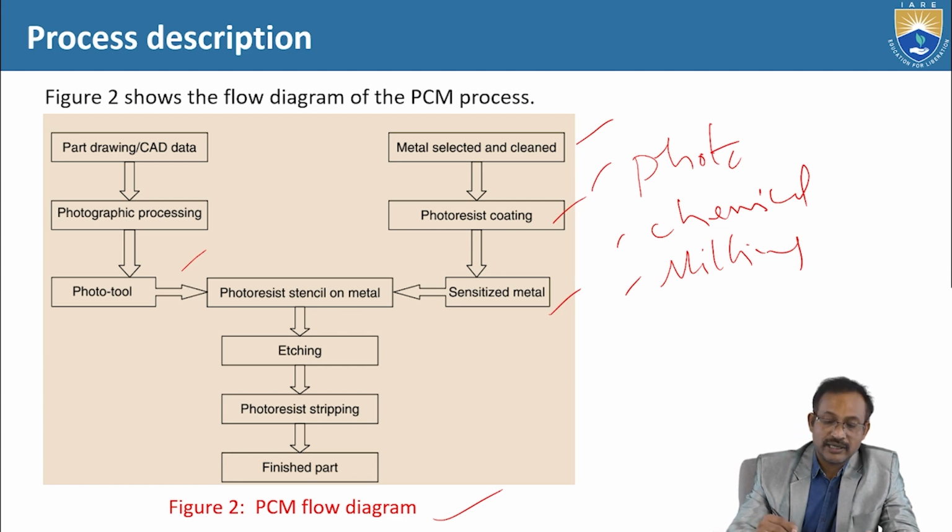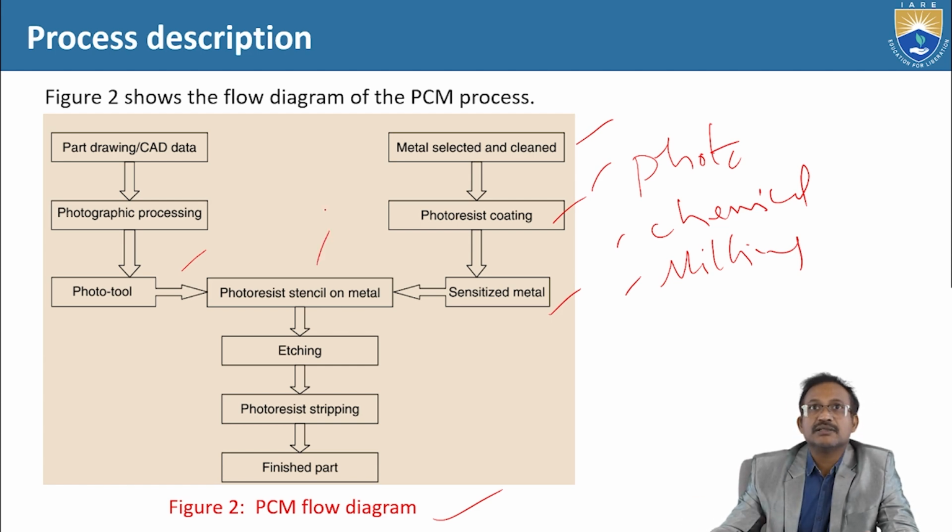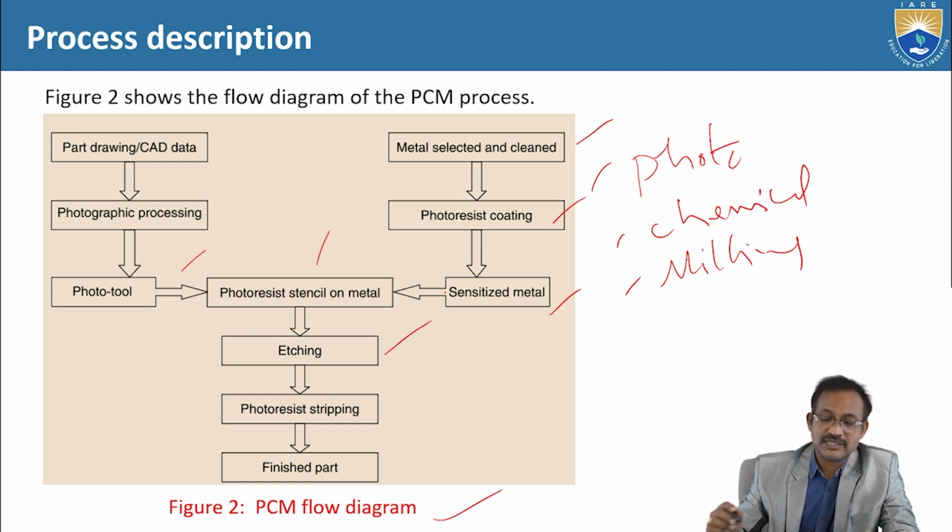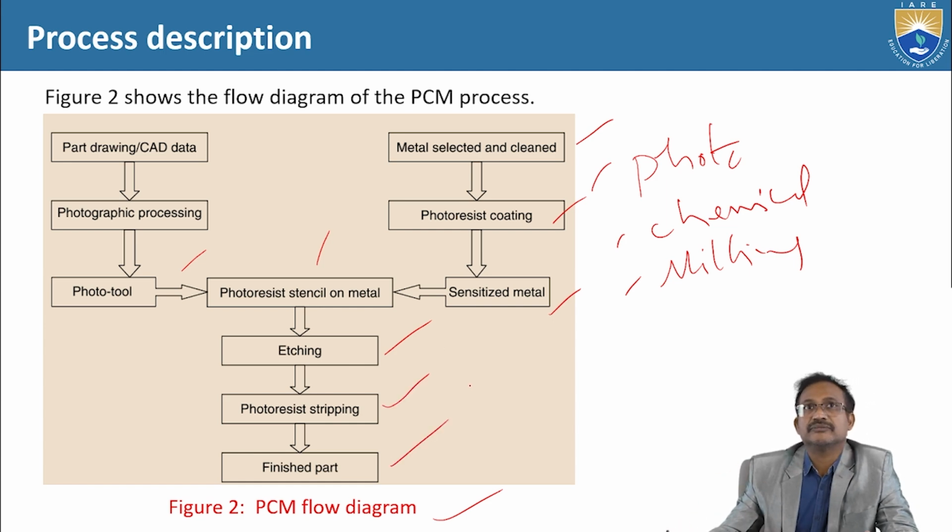Okay, so here the photoresist stencil on metal will be subjected to etching. Here, photoresist stripping, the final part.